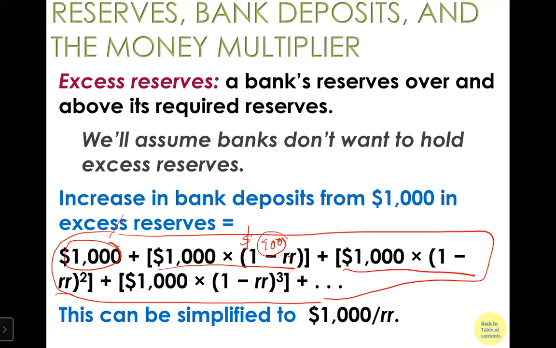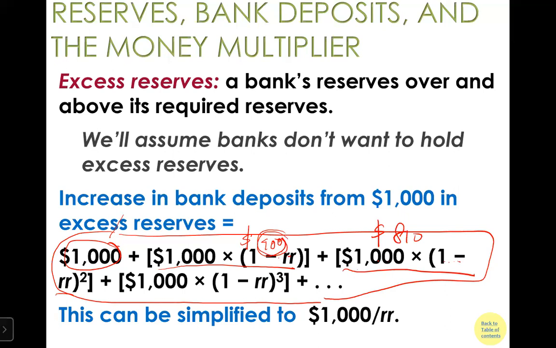So 1,000 times 1 minus RR is the amount of new deposit just made. Then we multiply by another 1 minus RR. That is the new loan the bank can make based on the deposit just made. In the example, this is $810.